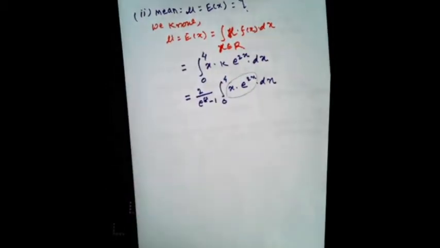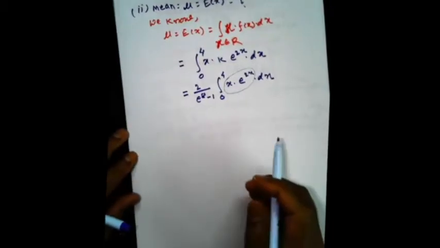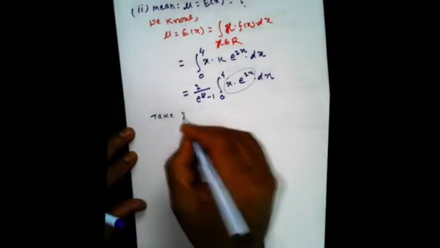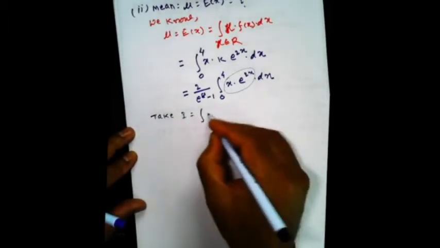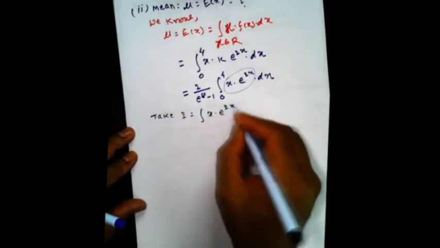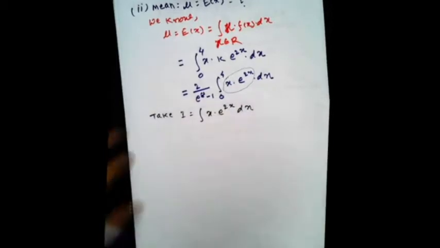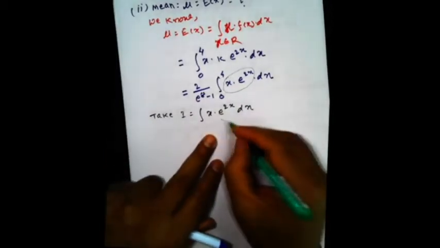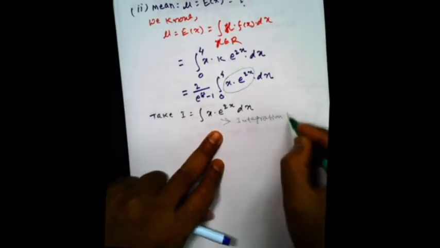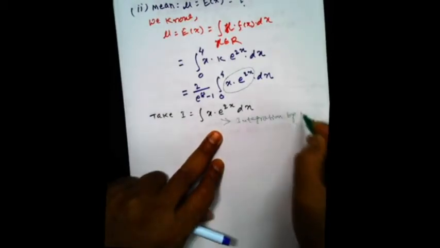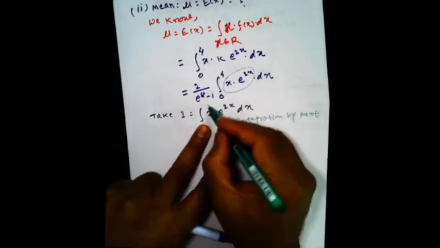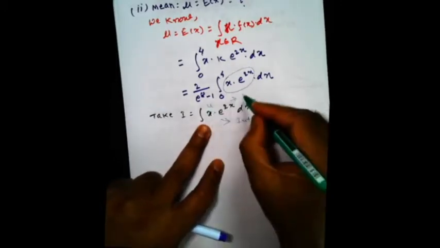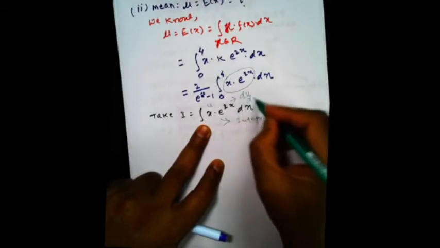For simplicity, we can take for a while I equals the integral of x e to the power 2x dx. This term is in the form of a product, so we use integration by parts, where we suppose x as u and the other term as dv by dx.